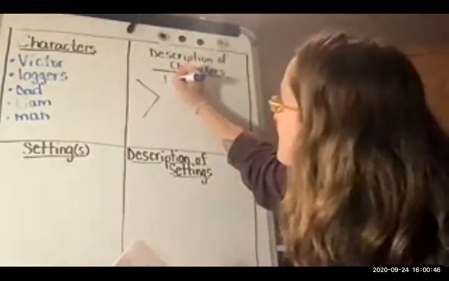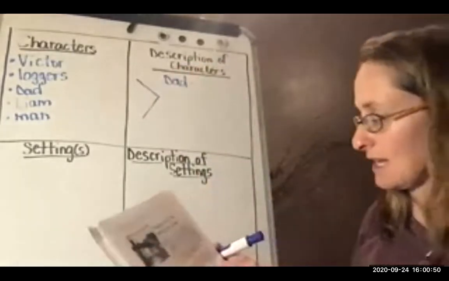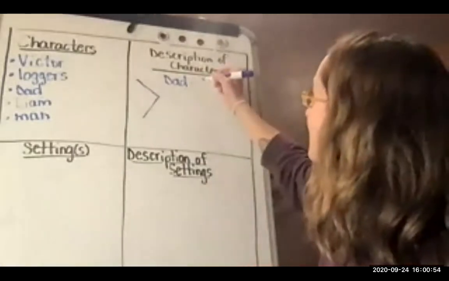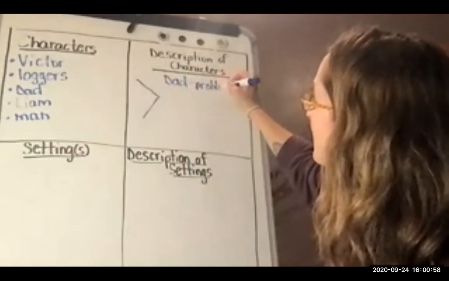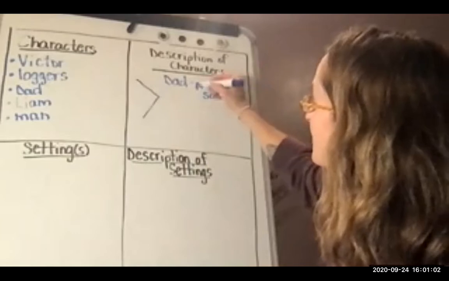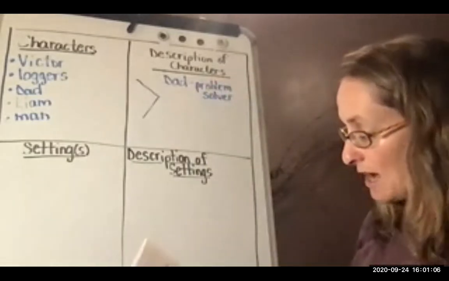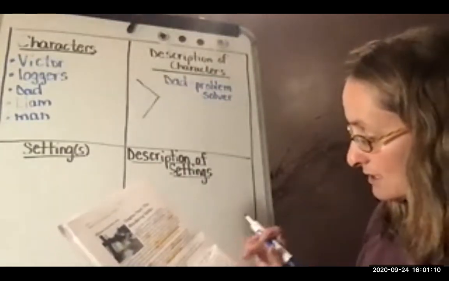So if I picked Dad, I know that Dad, according to what he said, we need to figure a way out to get along. So I know that Dad, he is a problem solver. I know he's a problem solver because he's taking the time to work through those problems.